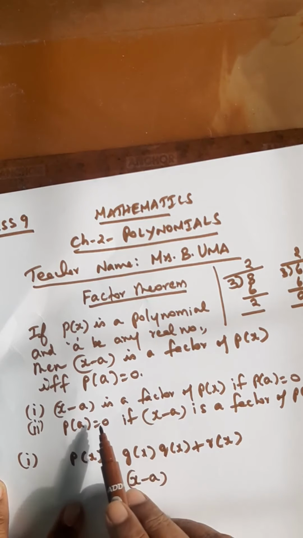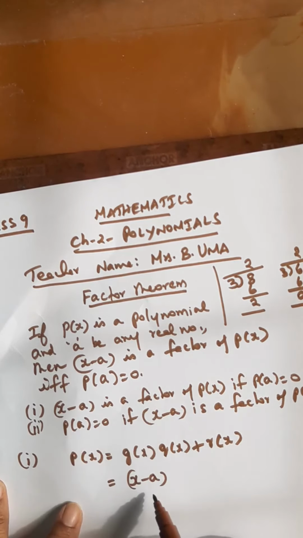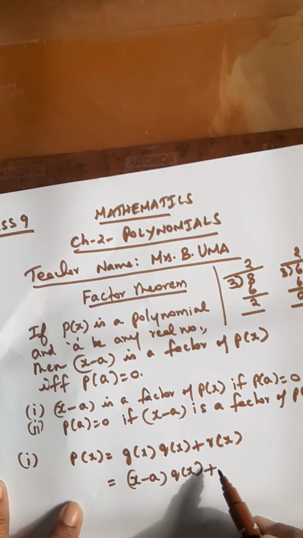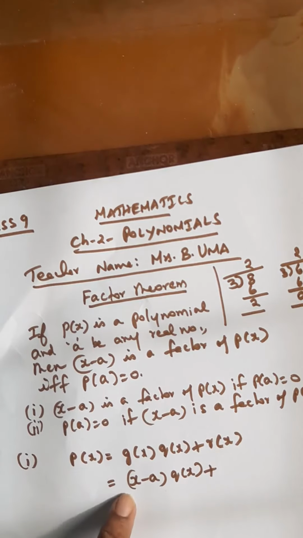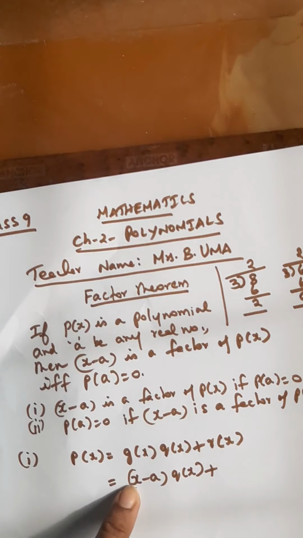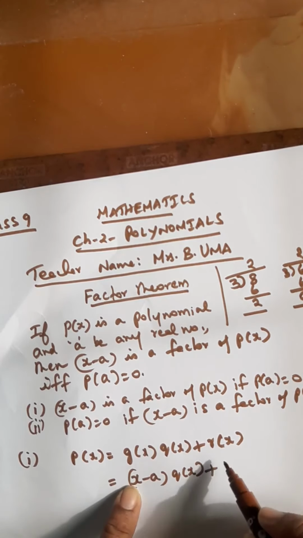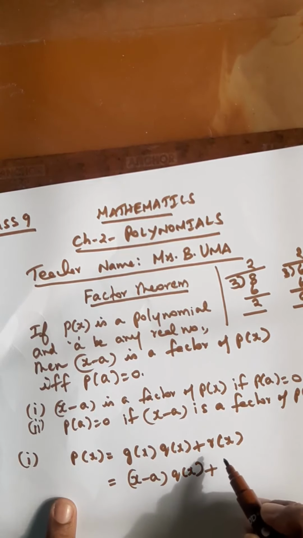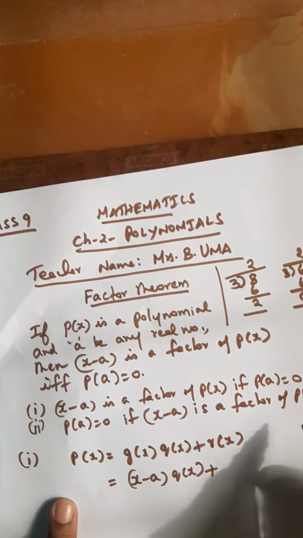Still we have not proved x minus a is a factor, so I am keeping it as a divisor, q of x. And here since divisor is of degree 1, remainder degree should be less than the divisor degree. Here degree 1, so it should be a constant. Next degree is 0 only, isn't it? So when remainder degree is 0, then it's obviously a constant.